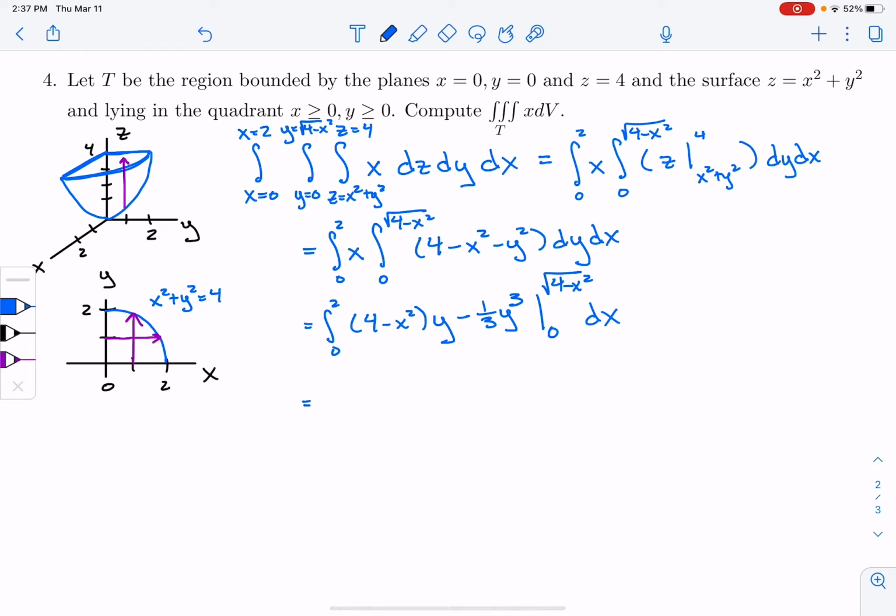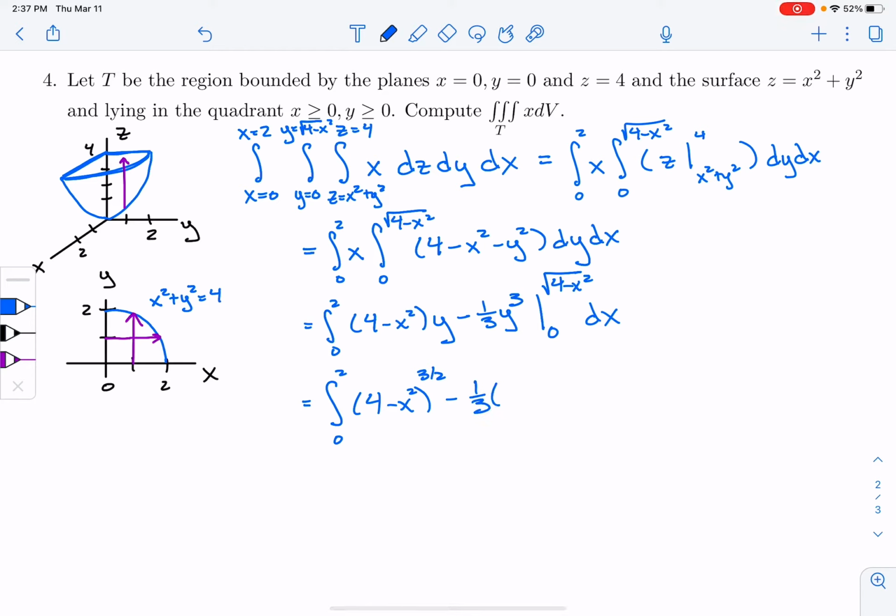So this becomes the integral from 0 to 2. And then 4 minus x squared times square root of 4 minus x squared. So that's going to be 4 minus x squared to the 3/2 minus 1/3. And then I'm going to insert square root of 4 minus x squared.